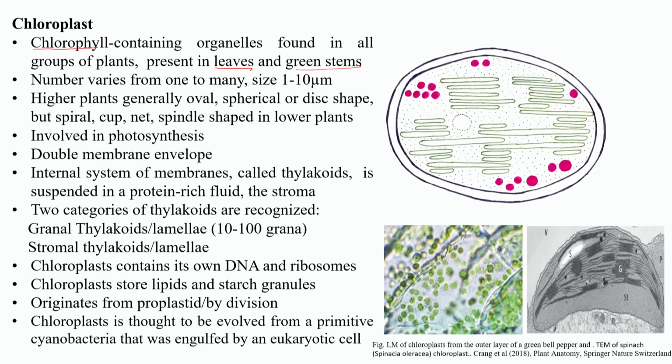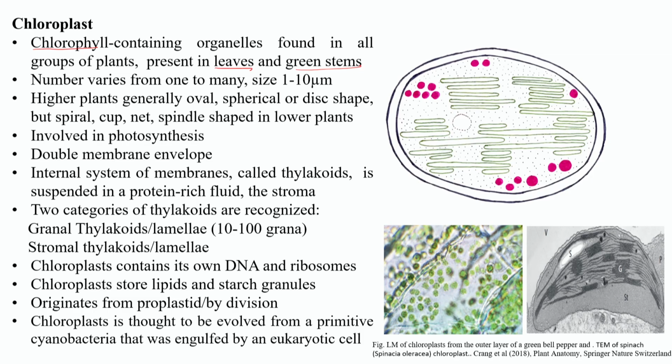However, in lower plants like different algae, different shapes are present, like spiral shaped, cup shaped, net shaped or spindle shaped chloroplasts. The important function of chloroplast is photosynthesis, which we will discuss later.